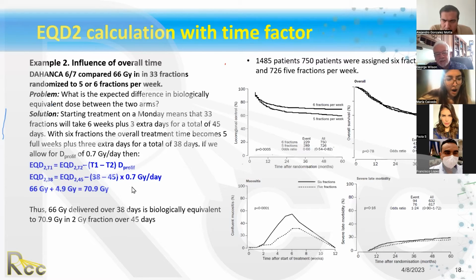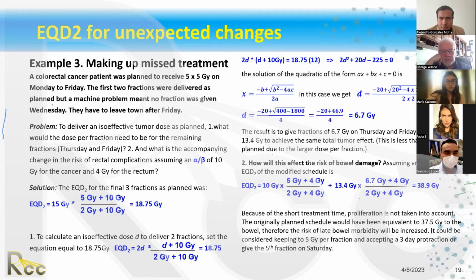So again, there's always this trade-off between gaining some dose for tumor treatment, but increasing normal tissue reactions. So there's a lot of stuff on this slide, but it's just to give you an idea of how to use the equivalent dose in 2 gray to account for an unexpected treatment gap.